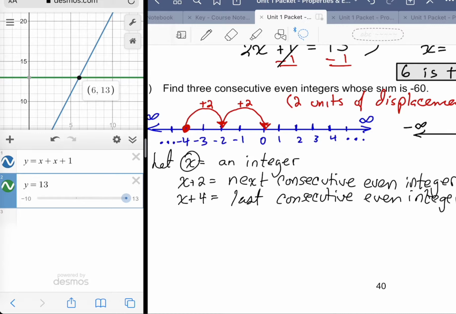All right. So back to a sum. So it's saying that I'm going to add these things together. So I have x, I have an x plus 2, and an x plus 4. The sum, so if I add them together, sum, is negative 60.